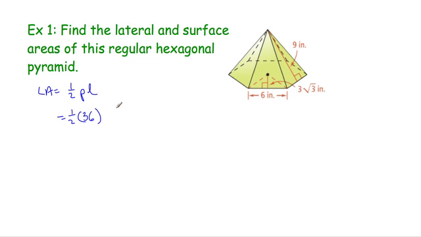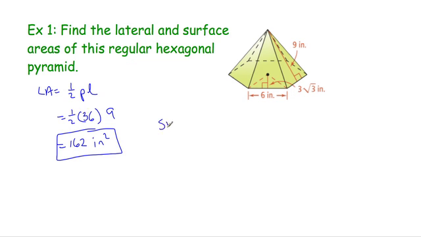My slant height here is 9. So when we work that out, 1/2 of 36 times 9 gives us 162, and we have units, inches squared. Again, perimeter times the slant height times 1/2.